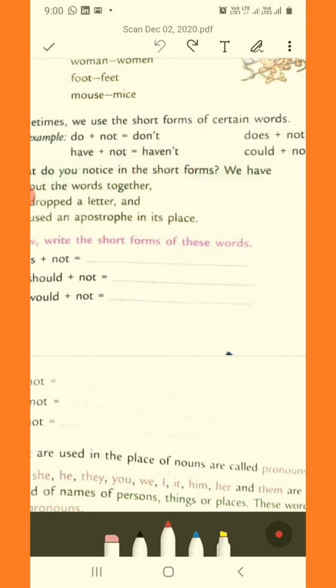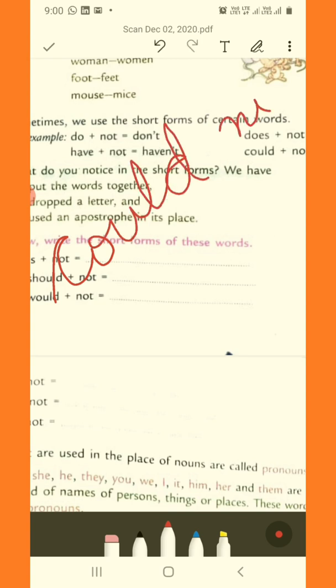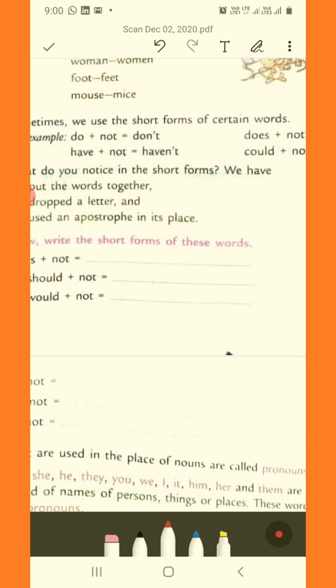And could not. How do you go? C-O-U-L-D, could. N-O-T, not. So how will it be?